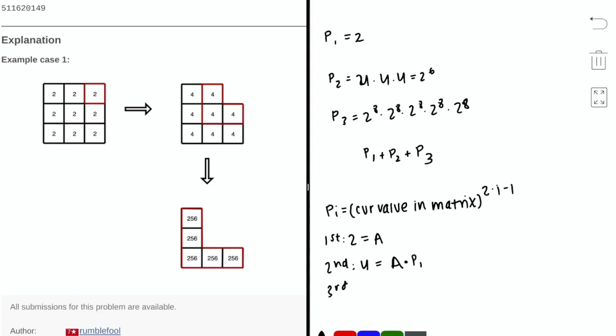And then for the third value in the matrix, which is 256, we notice that that's A times P of 1 times P of 2. So we notice that it keeps on building off. And so by following this pattern and keeping a running product of all the previous P of I's, we can calculate the next current value in the matrix. So now let's go over the code for this problem.